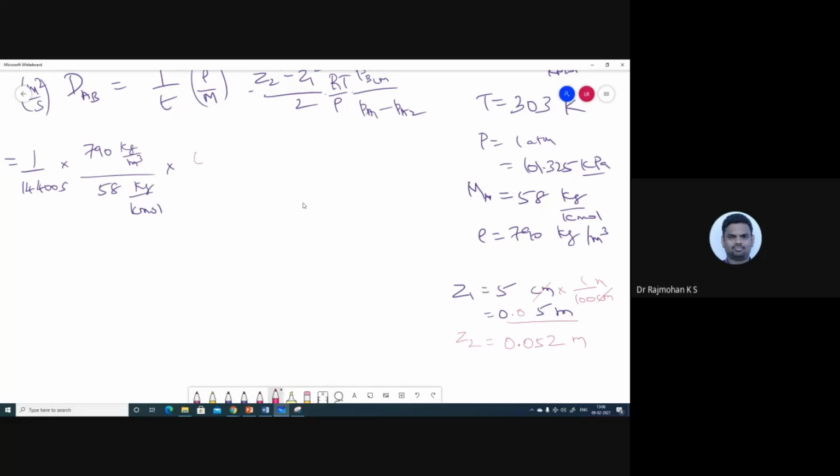Z2 square is 0.052 square minus 0.05 square, by 2 into the R value, T value, P value. R is 8.314 kilopascal meter cube.